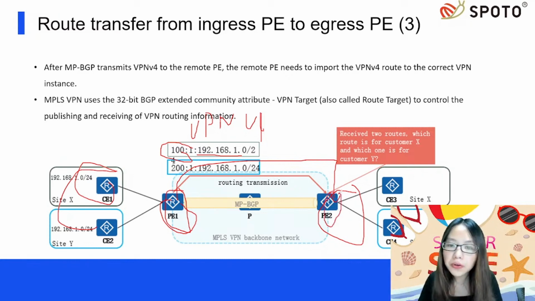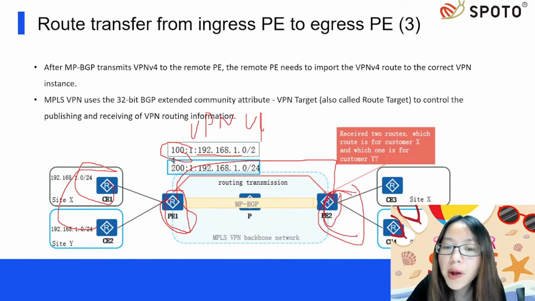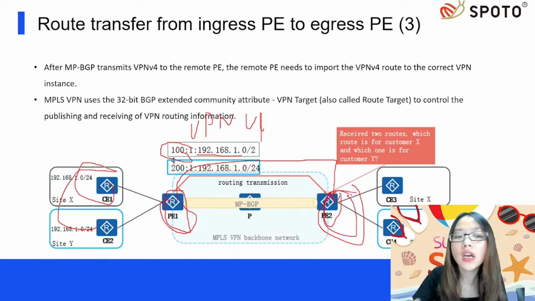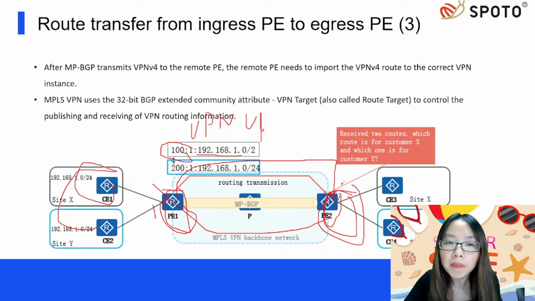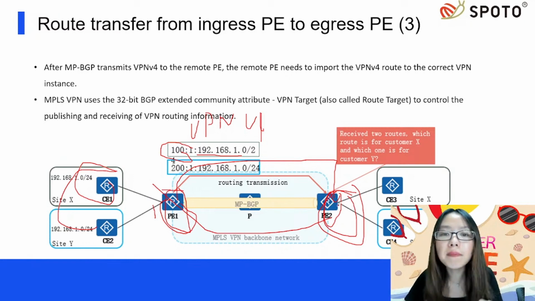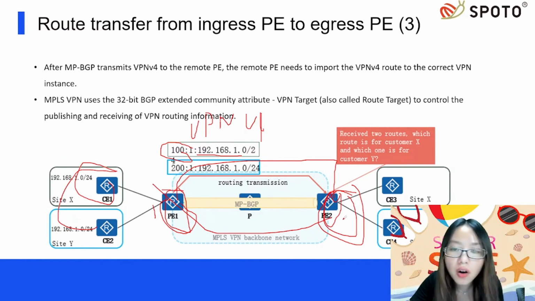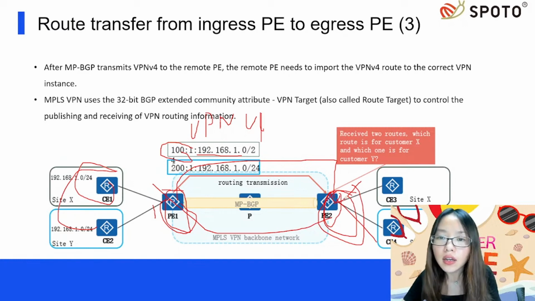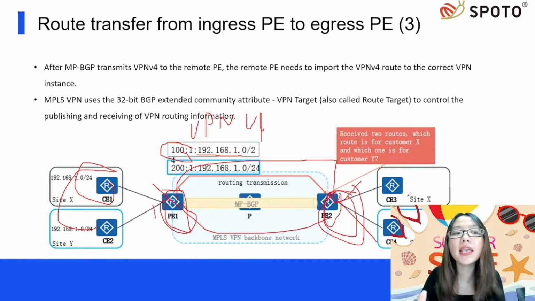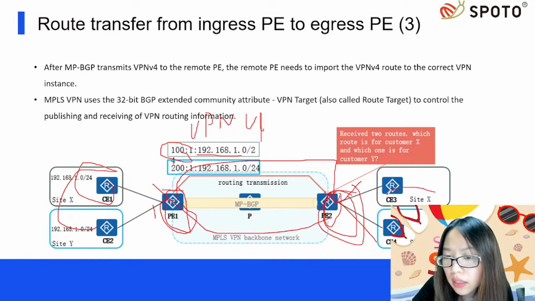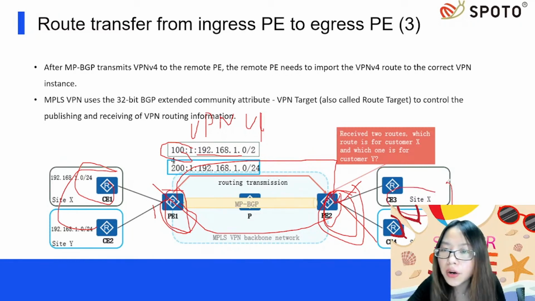If the remote PE receives the route from the egress PE, the remote PE needs to import the VPN v4 route into the correct VPN site.